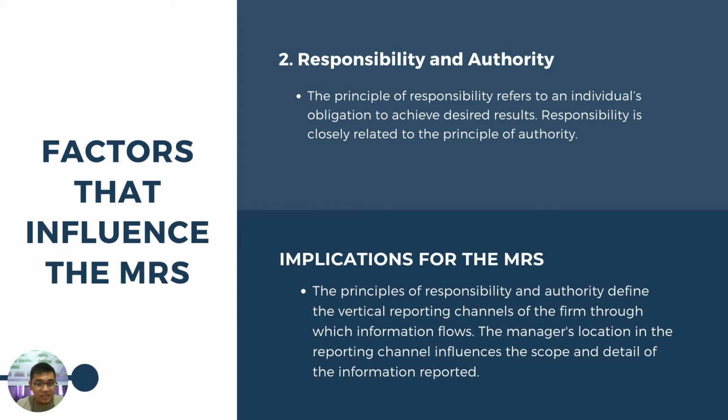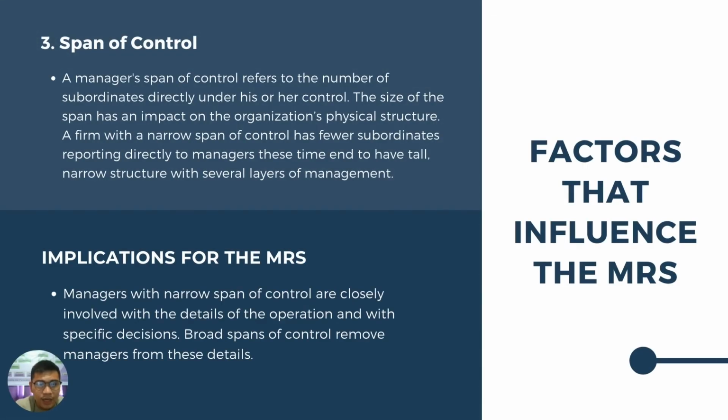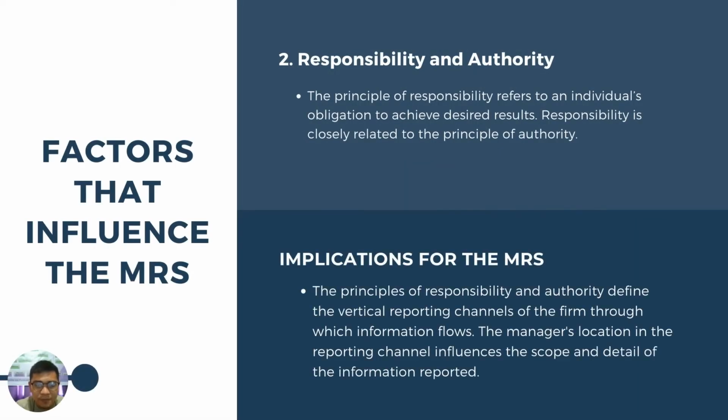In a business organization's lens, managers delegate responsibility and authority downward through the organizational hierarchy from superior to the subordinates. And for the implication for the MRS, this principle of responsibility and authority define the vertical reporting channel of the firm through which information flows.